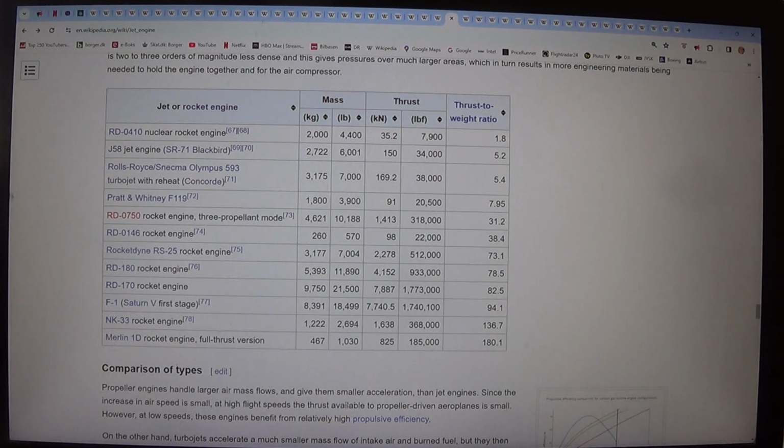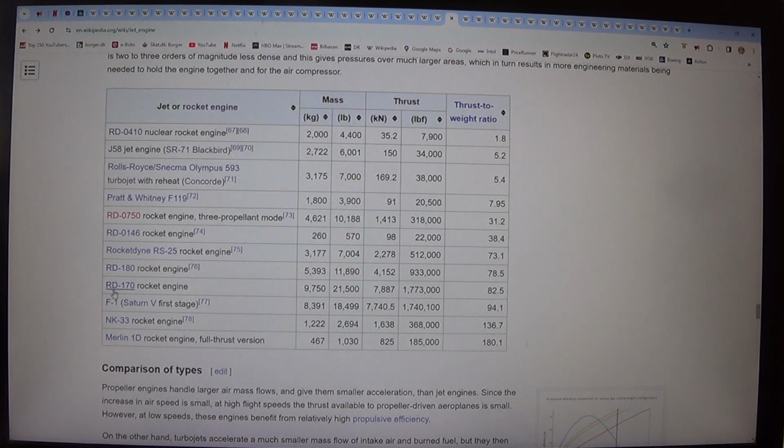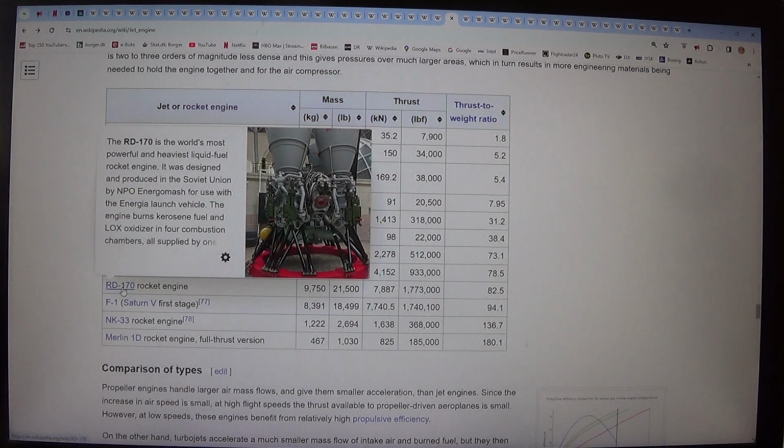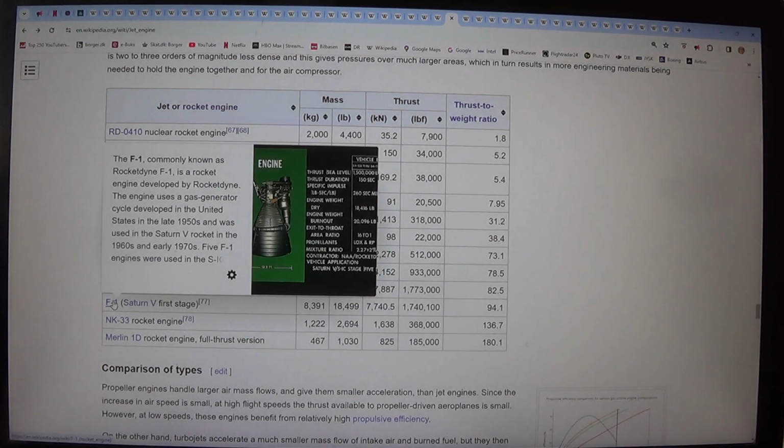Road 0750 rocket engine, 3 propellant mode 4621 10,188 1413 318,031.2. Road 0146 rocket engine 260 570 98 22,038.4.